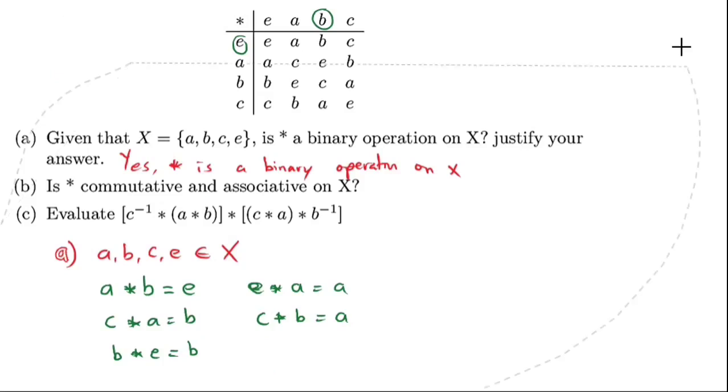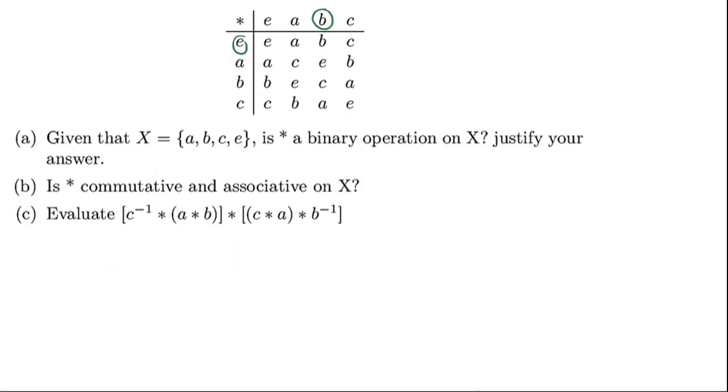Right. But b says, is star commutative and associative? So let's start with commutative first.